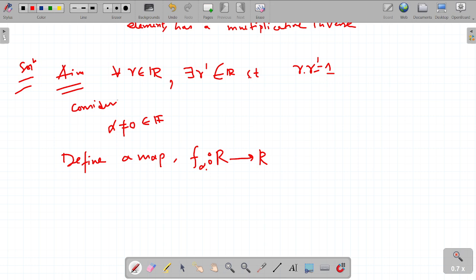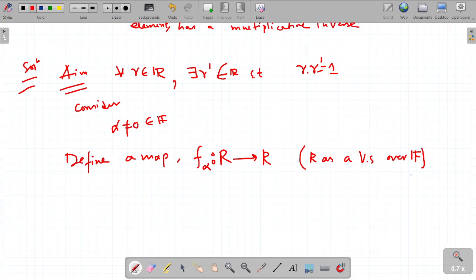Now what I'm doing, I'm defining a map from R to R, and we will think of R as a vector space over F. This is how I will think of it.